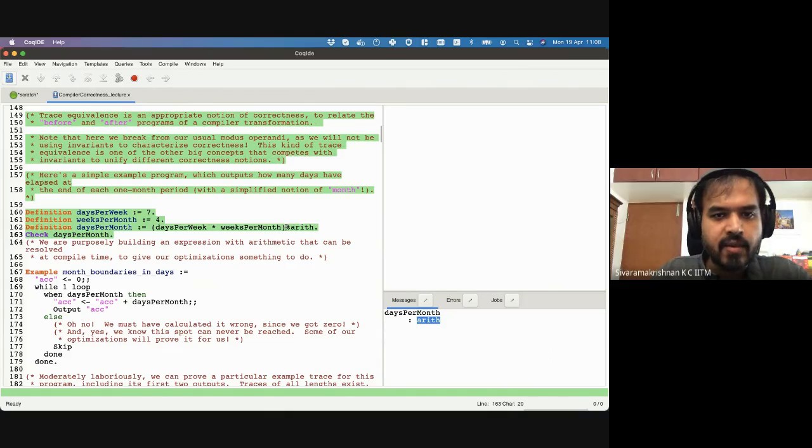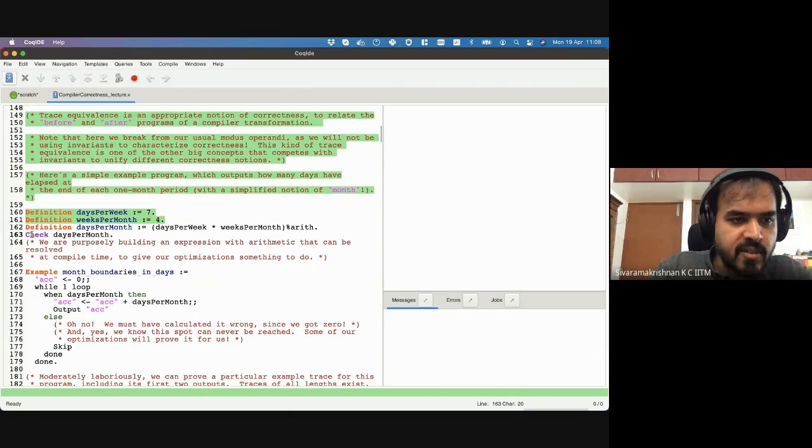I think if I don't include it, we will consider that as a natural number. So this has done the computation, right? So this is sort of saying 7 times 4 is 28. But I'm not doing that. I'm just using the star as a notation from earlier. I'm actually defining the arithmetic expression. You can actually print it. You can see what it is, right?